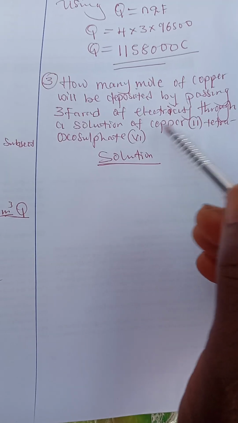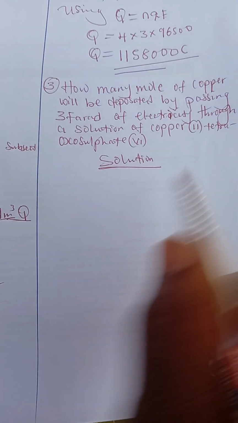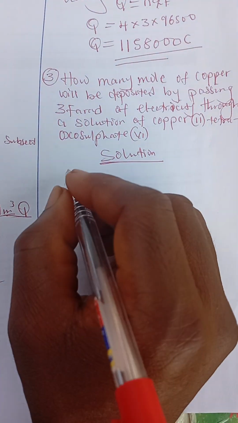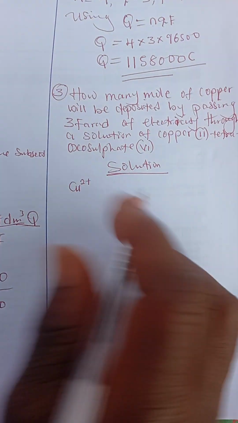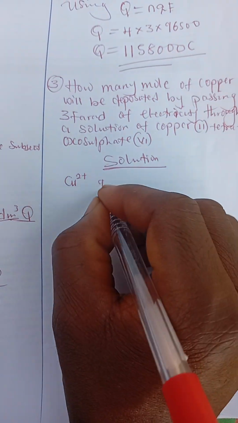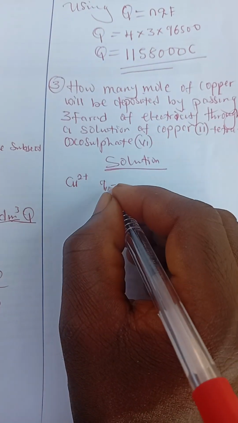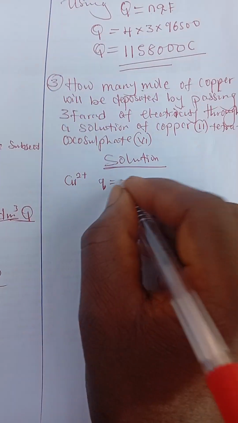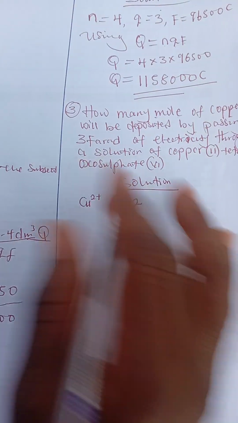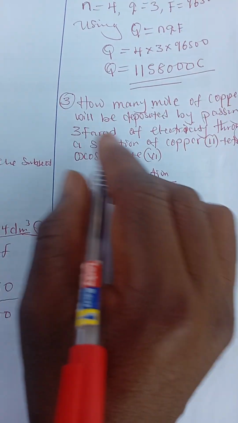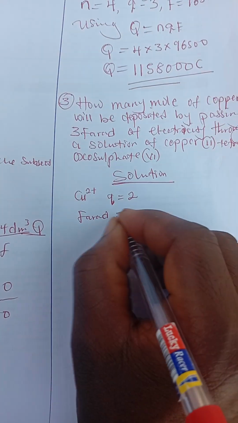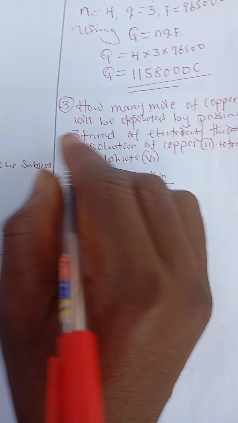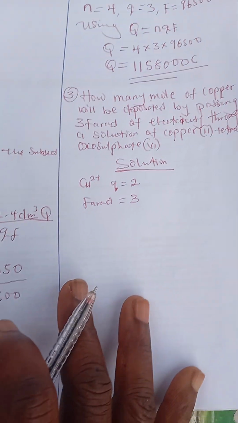This is just the copper 2, so our charge will be 2. Our farad is equal to 3, because they said 3 farad.